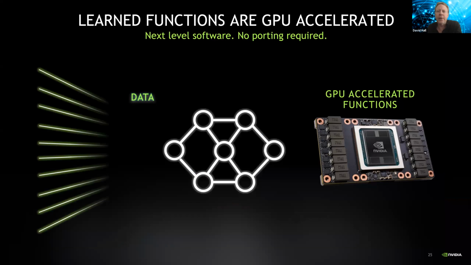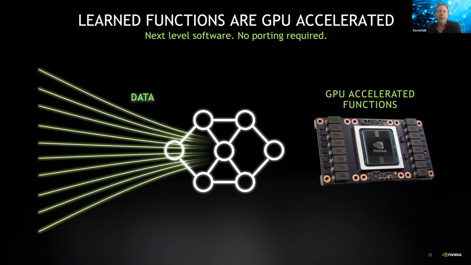So conversely, machine learning makes GPUs more accessible. Not only can you build next-level functionality using machine learning, but these functions are automatically optimized for GPU acceleration. In the end, you have powerful GPU-accelerated software without having to port the code and without having to maintain multiple versions.